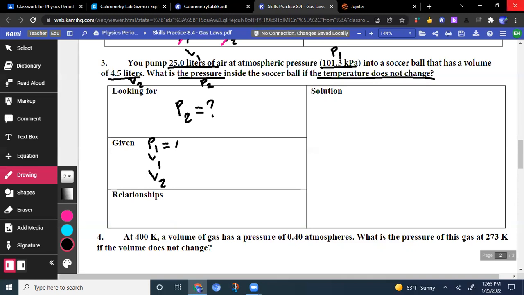P1 is the 101.3 kilopascals. V1 is the 25 liters. V2 is the 4.5. Let's write the equation down.